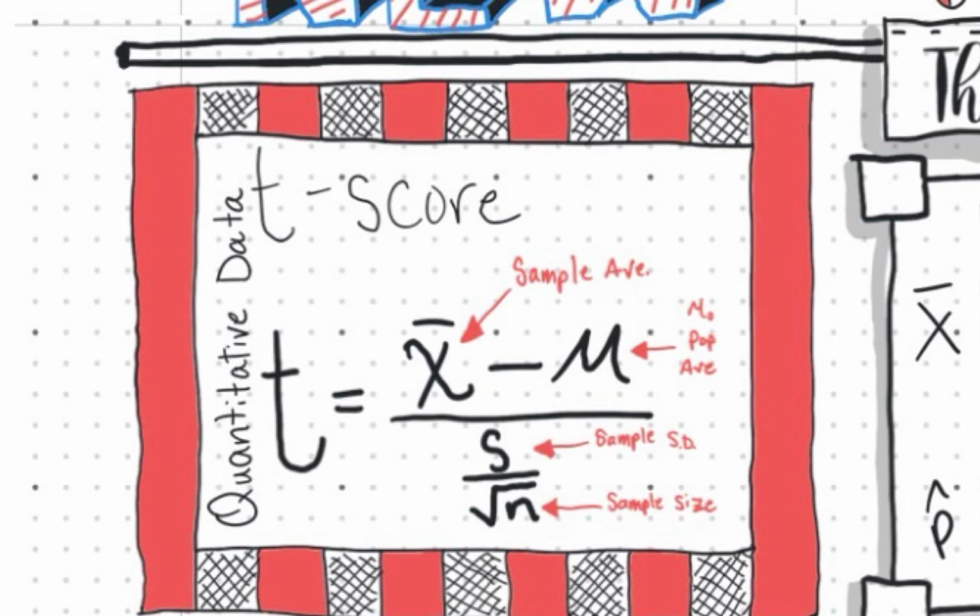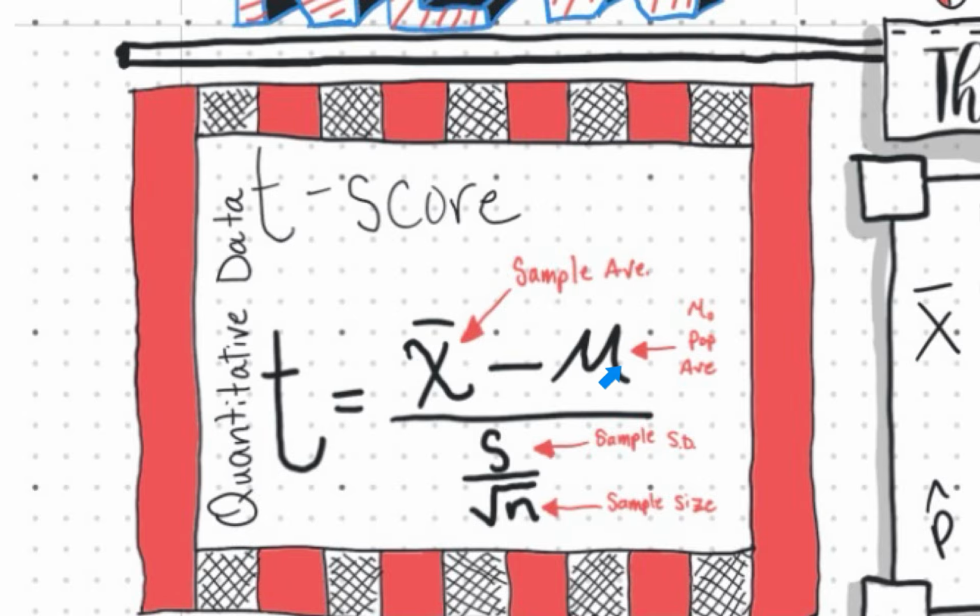Sigma, the little O with the tail on it, is the standard deviation of the population. S represents the sample standard deviation. S is a statistic. S goes with x bar, right? So this is your symbol for standard deviation of your sample. X bar is the symbol for the mean of your sample.